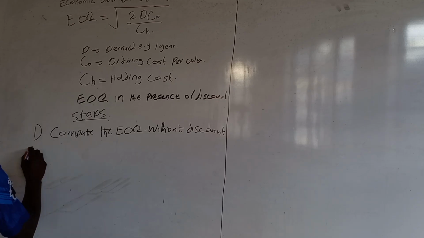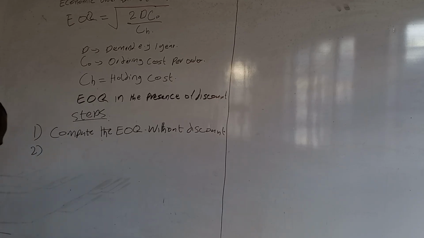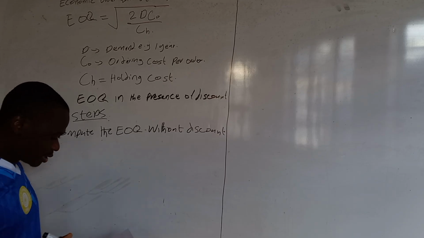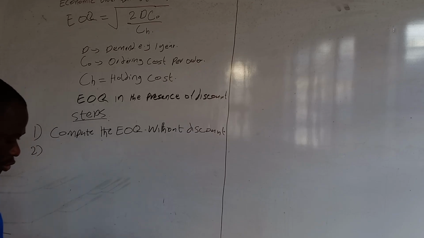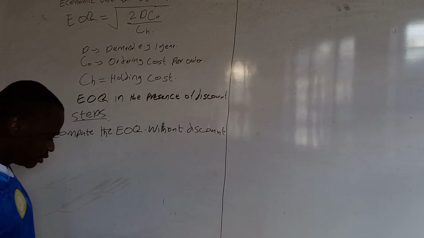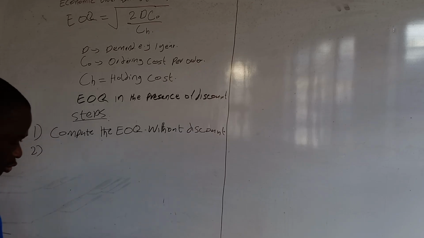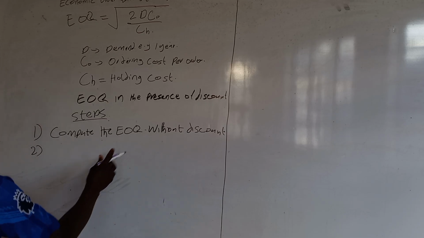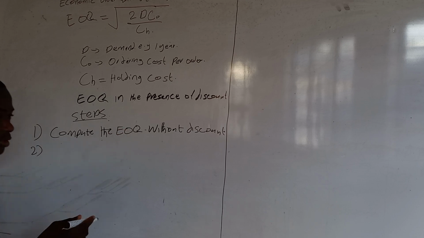Step two, use the discount, purchase cost and more stock to qualify for it, and compute the total cost. Now, here you already have the EOQ.